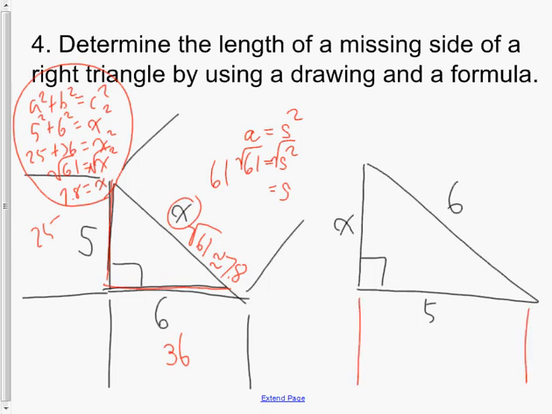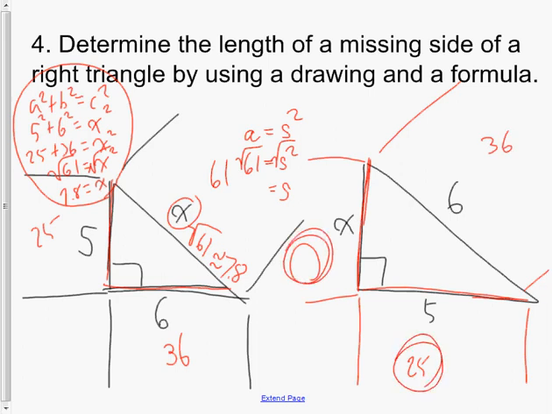In the second example, I've reversed my 6 and 5. Because this is a leg and this is a leg, I don't know this area, but I know this to be 25 and I know this to be 36. This area plus this area had to give me this, which means this one had to be 11. I can actually use subtraction because 11 plus 25 is 36, or 36 take away 25 must have been the missing side length, so 11.